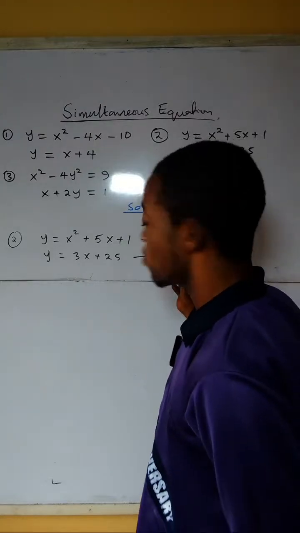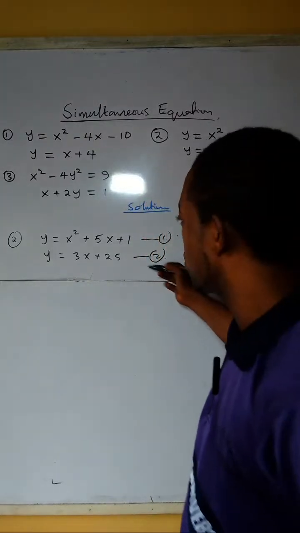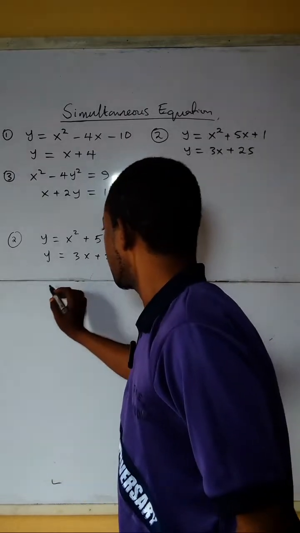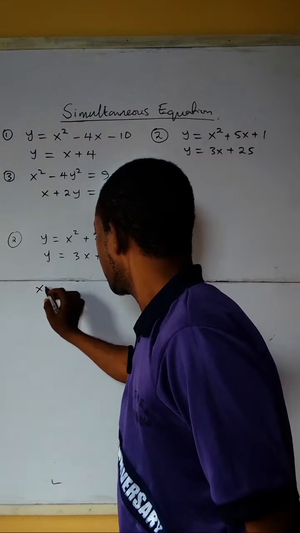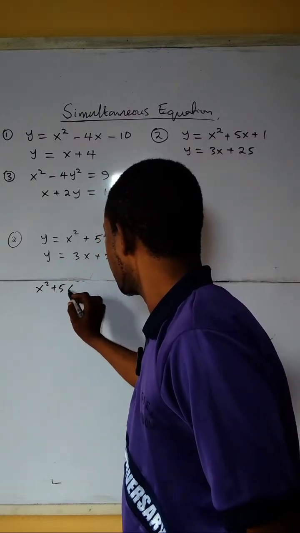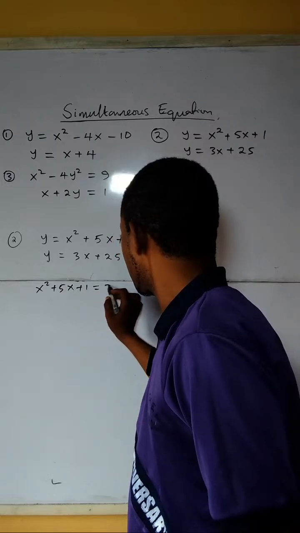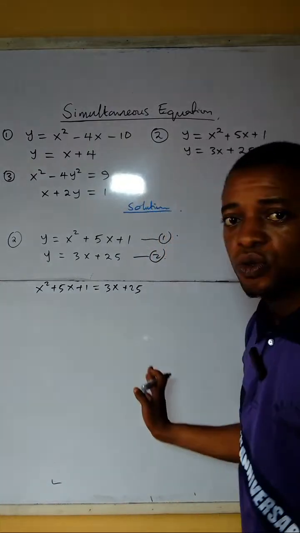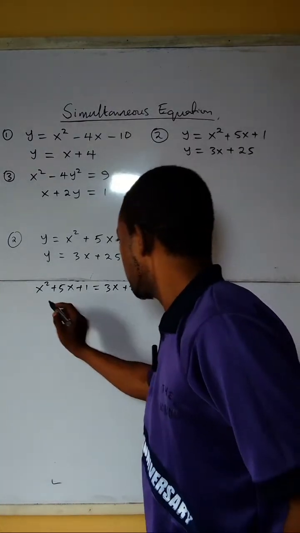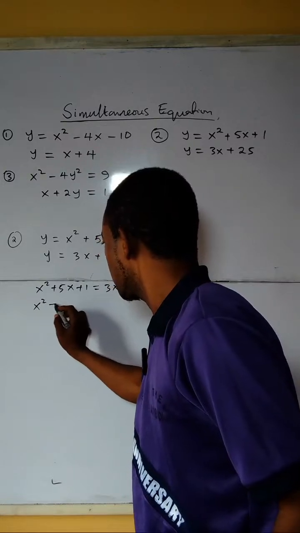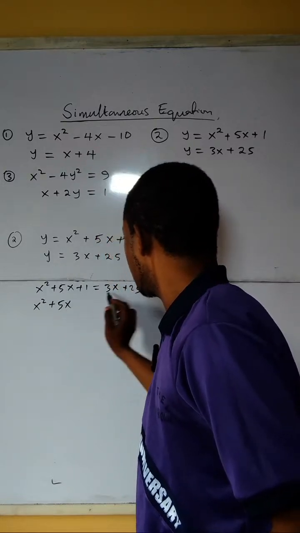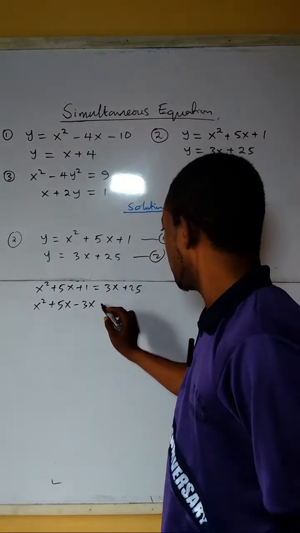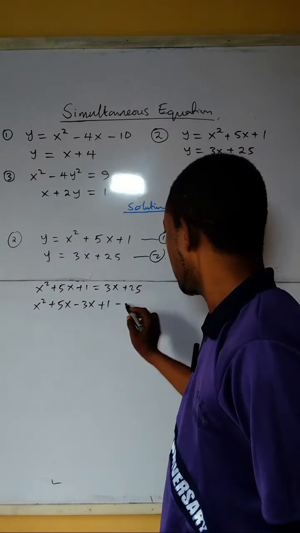And here we can just substitute equation 2 in equation 1 directly. That is, we can equate the two. This becomes x squared plus 5x plus 1 equals 3x plus 25. Now bring everything to one side, which implies we have x squared plus 5x, then 3x comes here and becomes minus 3x, then we have plus 1 before, then minus 25.